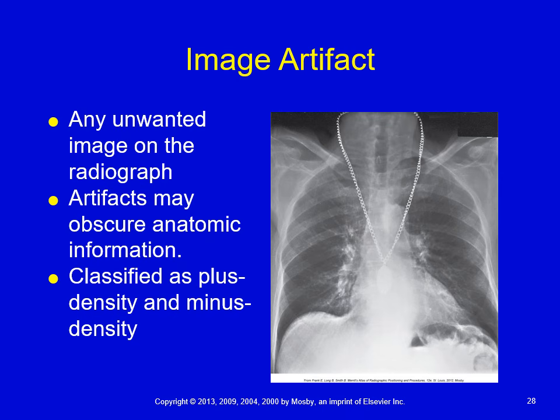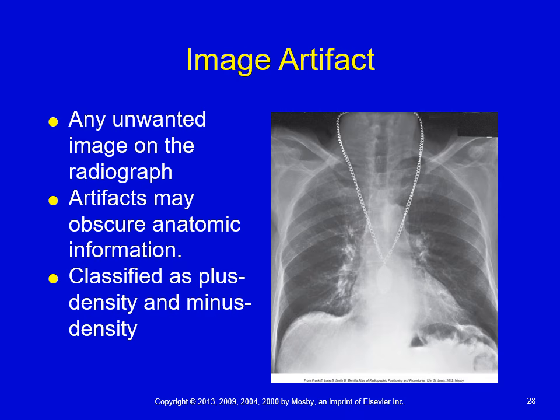Now, the reason why it's important for us to ensure that we don't have artifacts, if they can be taken off per se, is that they can cover up some of the anatomy that the doctor or radiologist needs to see. All right, so it could get in the way of some important anatomy that they need to see for interpretation of that image. So again, just like in the VMC, we would need to repeat this patient and tell him or her to take the necklace off.